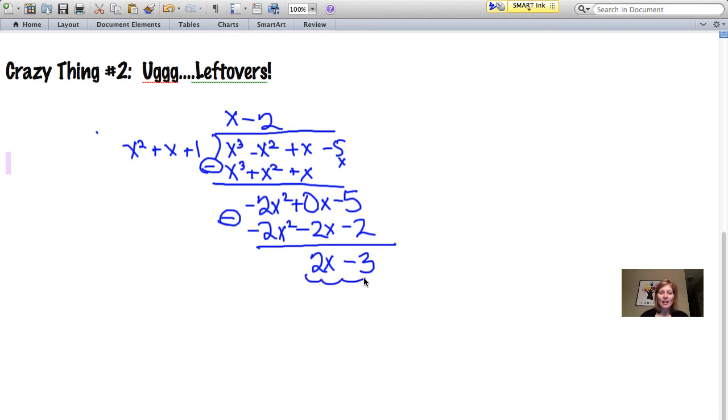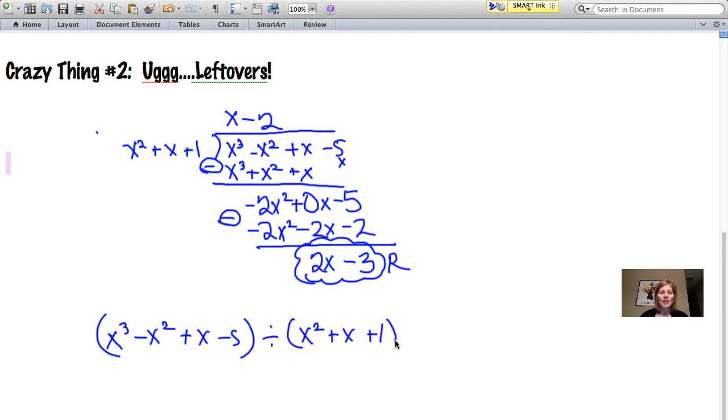So this right here, this is my remainder. So what I can say then is x cubed minus x squared plus x minus 5, this whole polynomial divided by x squared plus x plus 1, is going to give me an answer of x minus 2, but that's not a nice clean answer.